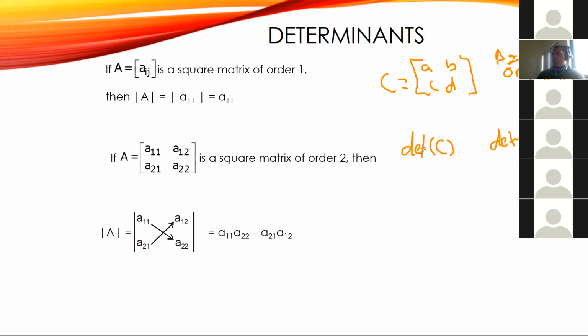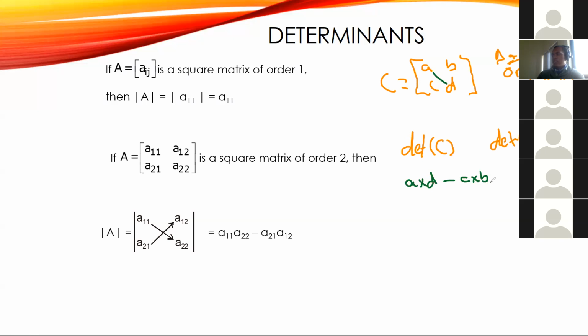So the determinant for matrix C will be the following. We will have A, the first element, multiplied by D, the element across from it on the diagonal, minus C multiplied by B. It will still be the same answer because it's multiplication.